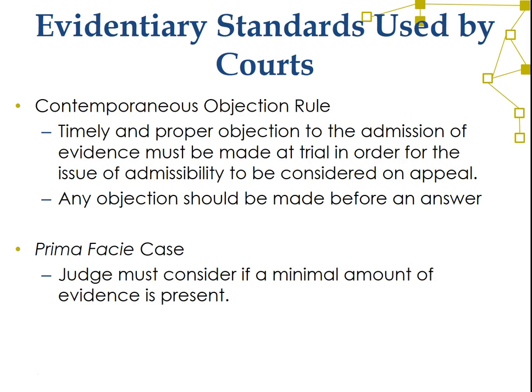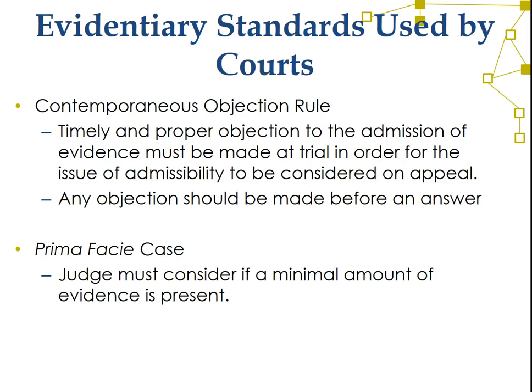Now during the pre-trial stage, the judge may be called upon to make a variety of rulings on evidence. In felony cases, either a judge or grand jury reviews the evidence to determine if the prosecution has sufficient facts to warrant taking the case to trial.